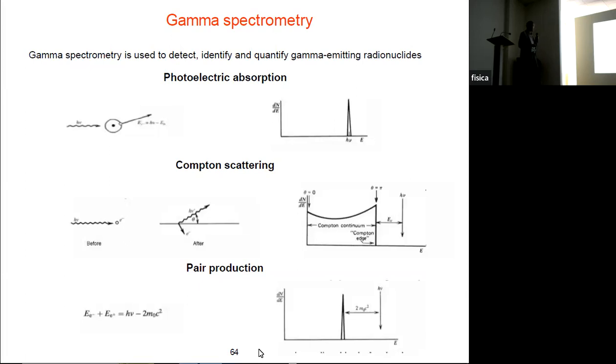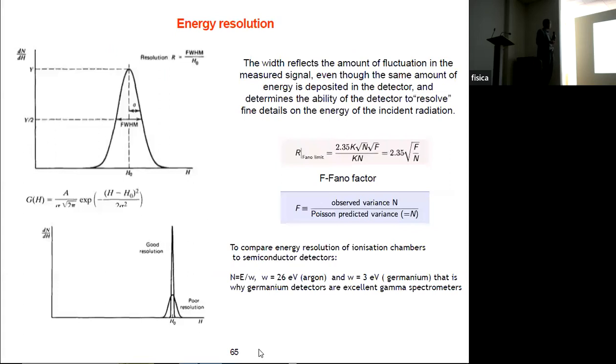So we have all these three processes, and we have to get the real spectrum in our detector, and get the so-called energy resolution. This is the peak which I described in my previous slides.